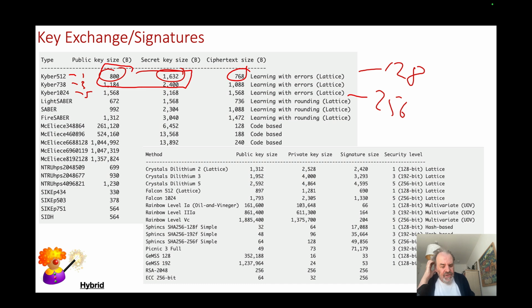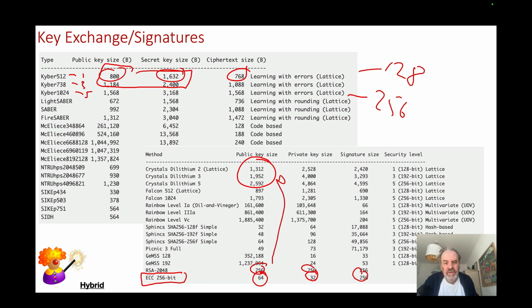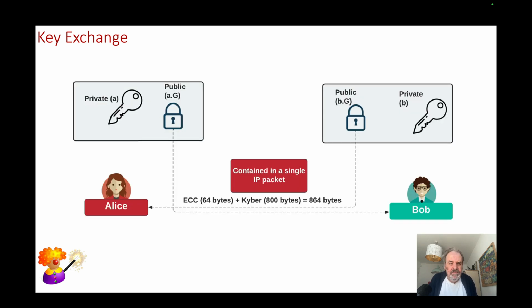When it comes to signatures, the public key is bigger than we have just now. This is the current keys that we have for elliptic curve and for RSA. So we're going to increase these: 1300 bytes or so for the public key, 2500 bytes and more for the private key, and about 2400 bytes for the signature for Dilithium.